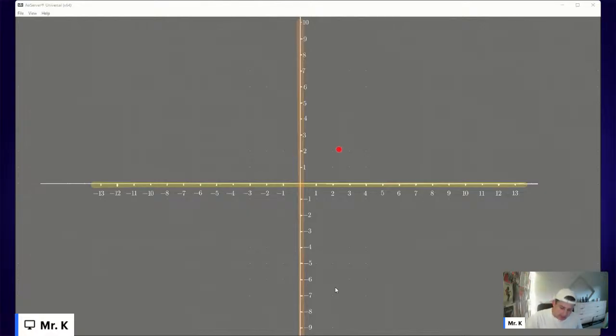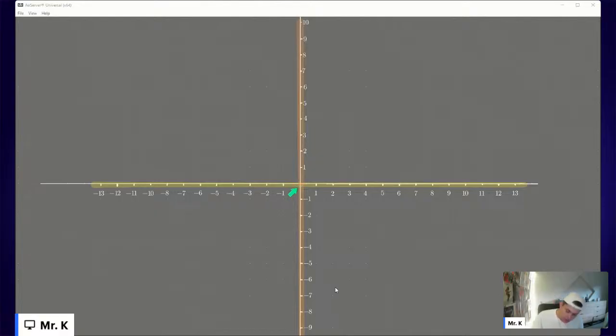So looking at this grid, guys, what's the first thing that we notice? Well, we've got our x-axis moving from left to right over here. Now, the center of our coordinate plane is right in the middle here where our two axes overlap.